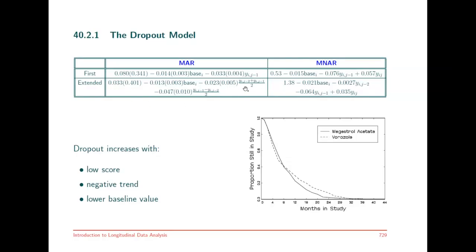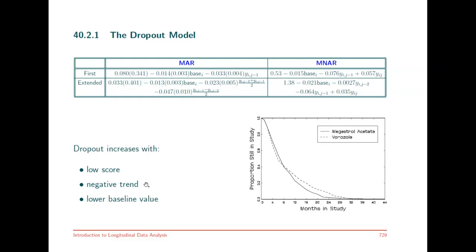So what we conclude based on this model is that dropout increases with a poor baseline value, with a low level of the score right now, and with a disfavorable evolution. So dropout increases with a low score at baseline, a low score now, and a negative trend.